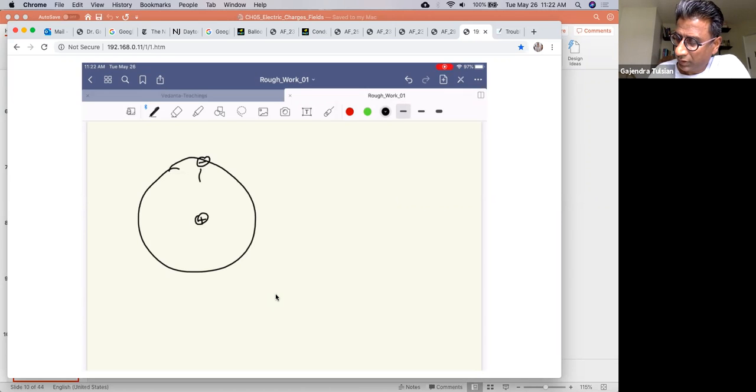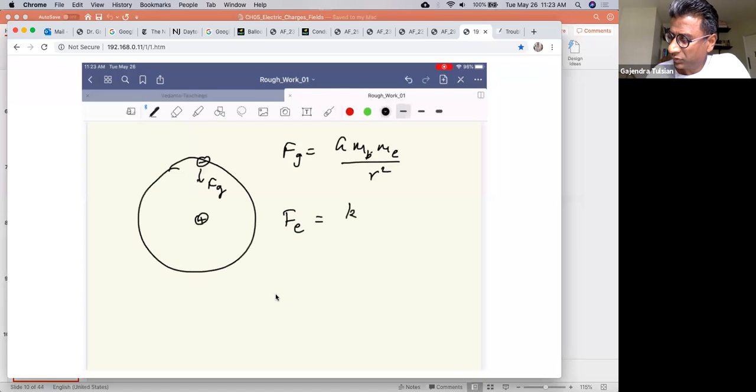Now there's a gravitational force between the two, and the gravitational force is G, mass of the proton, mass of the electron divided by r squared. And there's an electrostatic force between them, and the charge of both the electron and the proton are the same. So it's e times e divided by r squared.